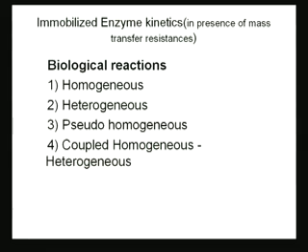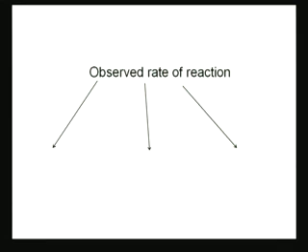So now let us try and understand what would be the reaction rates and so on for some of these processes. Next I want to discuss what is known as the observed reaction rate, and as I said, the observed reaction rate is different from the intrinsic reaction rate. It could be equal to the intrinsic reaction rate in certain cases. When you talk about the observed reaction rate, we divide it up into different regimes.